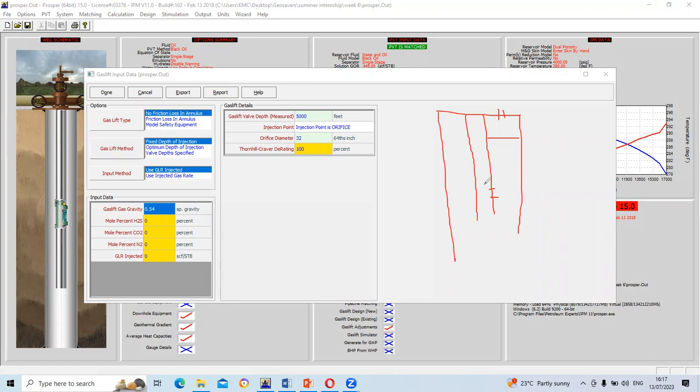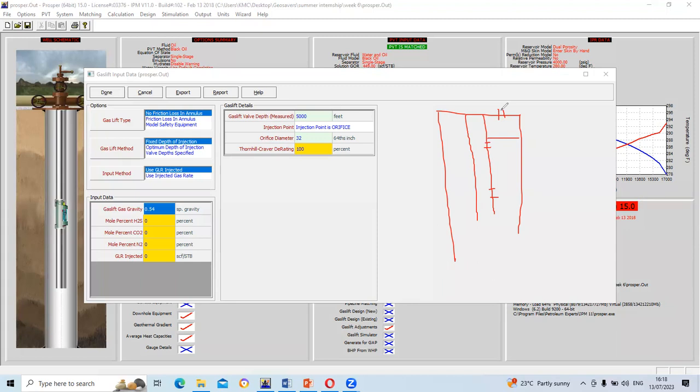Because once we have a lighter material that mixes up with the fluid, it becomes more buoyant and flows easily. So they'll have to install what they call unloading valves at this point. Choosing the depth of the unloading valves is a whole lot of simulation that has to take place, which we cannot go into.